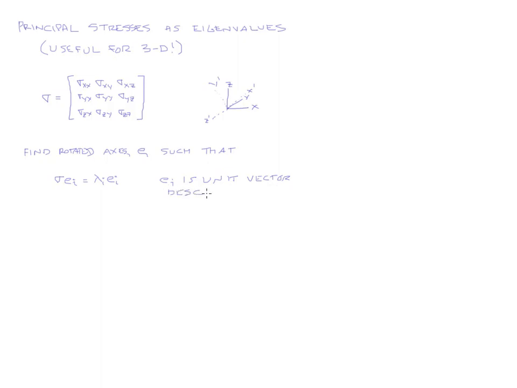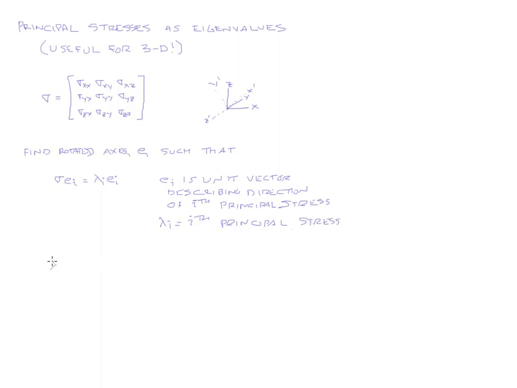E sub i is a unit vector, and it describes the coordinate direction for one of the principal stress directions. So E sub i would be aligned along x prime, y prime, or z prime. And there are 3 of these unit vectors, and the subscript i means the ith principal stress. And then lambda i is just the value of the ith principal stress component. And there would be 3 of those as well.